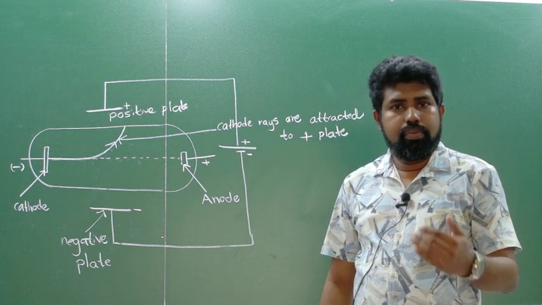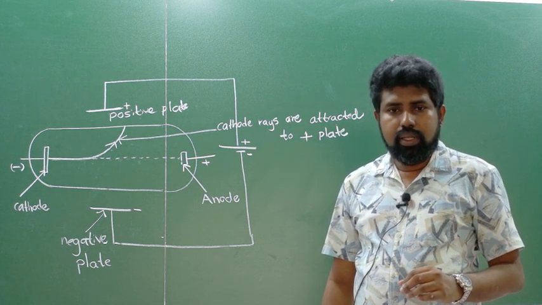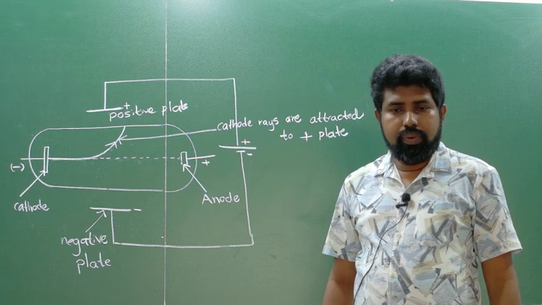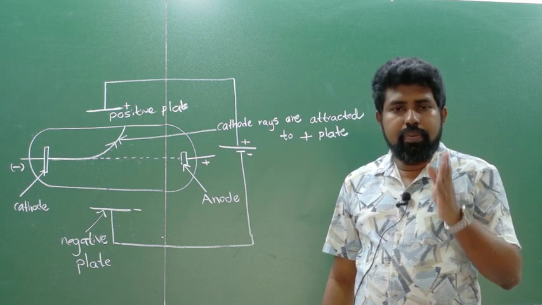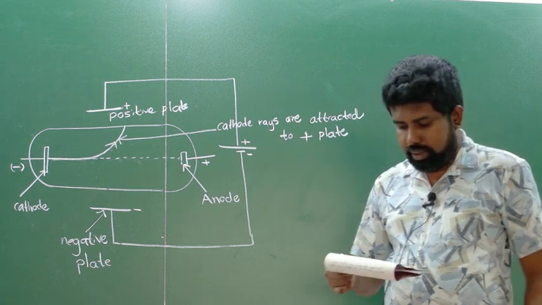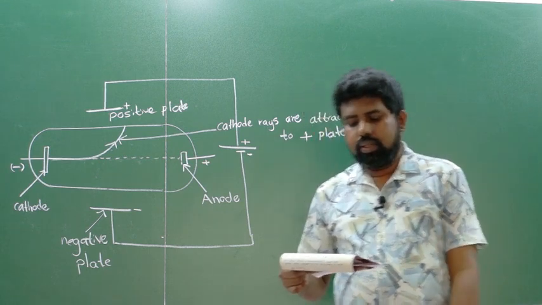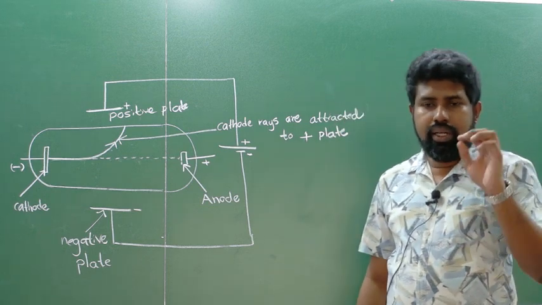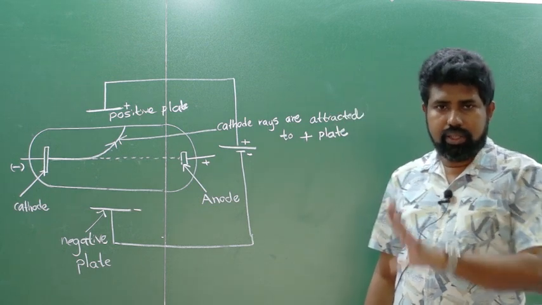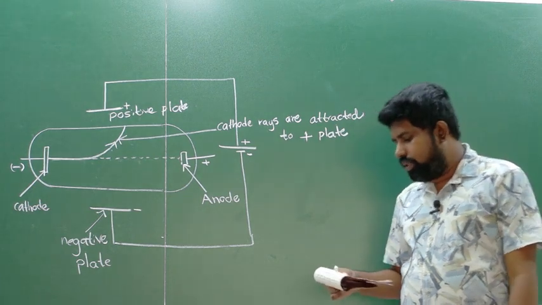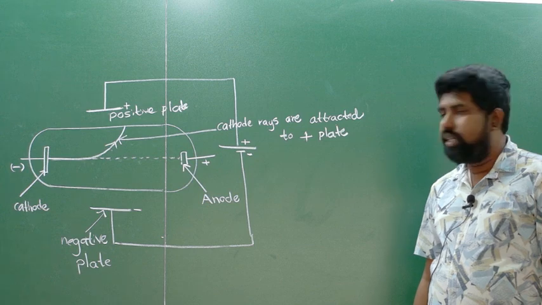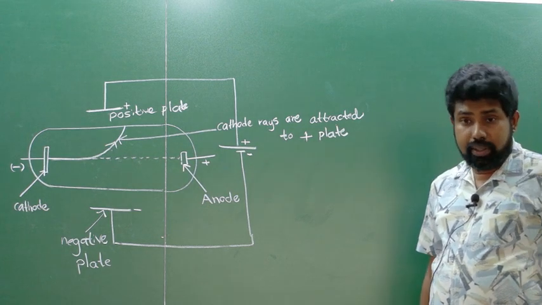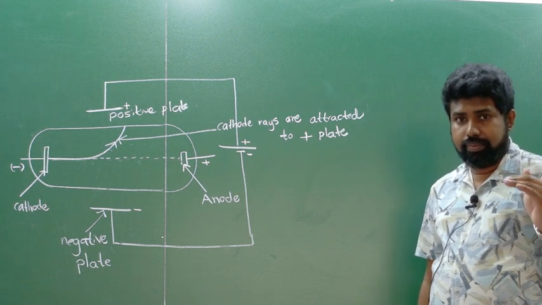Therefore, cathode ray particles should be negatively charged. Highlight that word, cathode ray particles are negatively charged. That is very important.